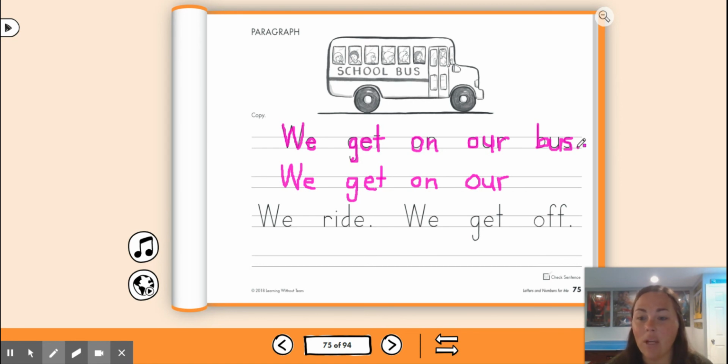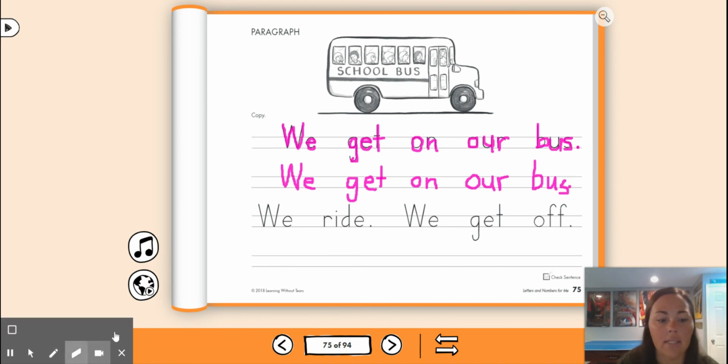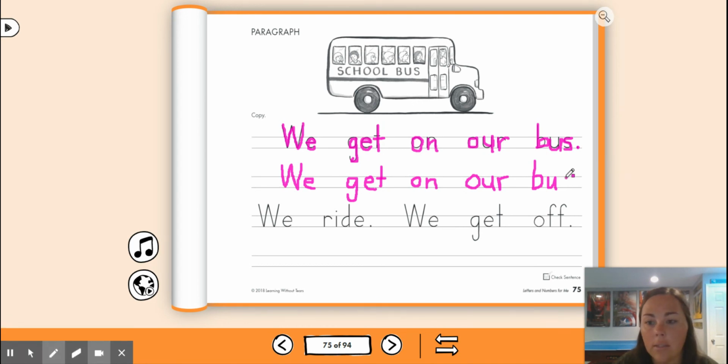Yes, punctuation or a period. So make sure you trace that one, and we're going to write it down here. B, U, S. Oops. And period. Let's fix that S because I didn't write it between the lines. Okay, S and period.